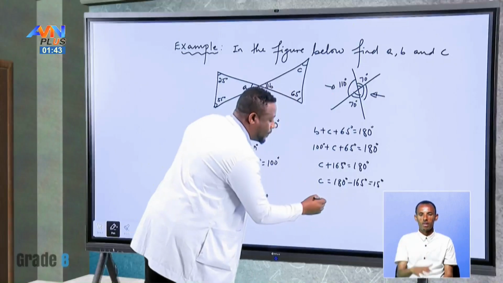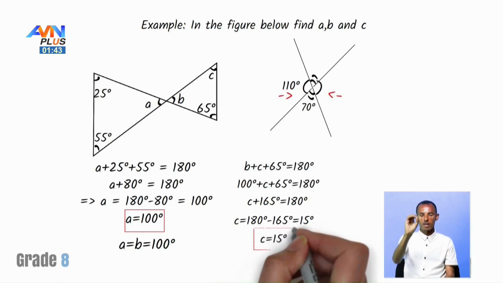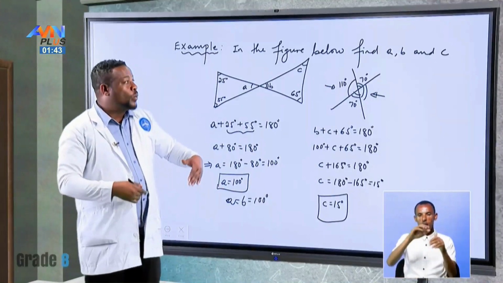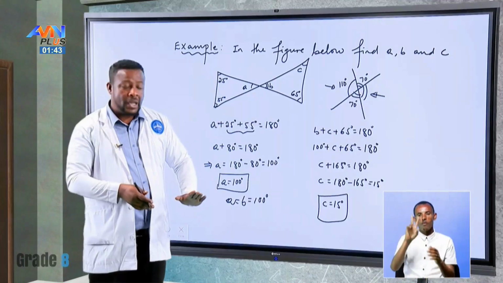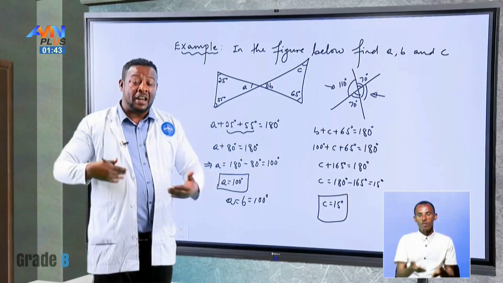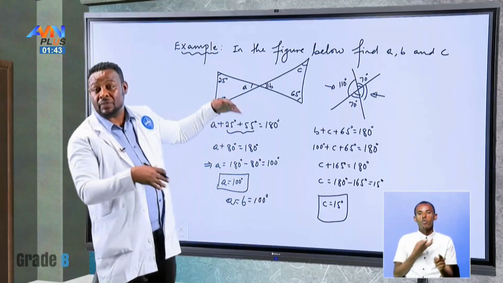Therefore, angle C is 15 degrees. This is how we calculate the unknown variables. Now let's see another example which is a bit different from what we have seen so far.